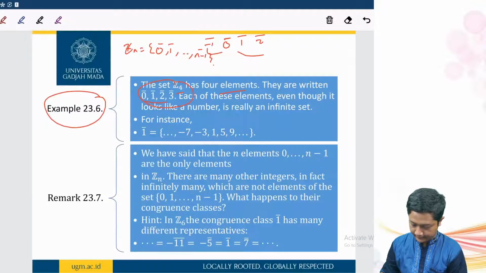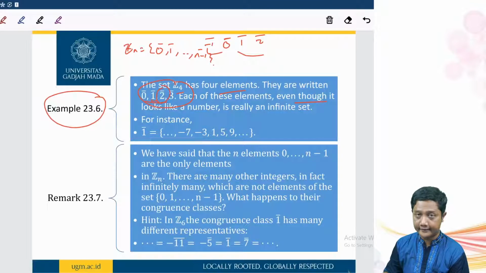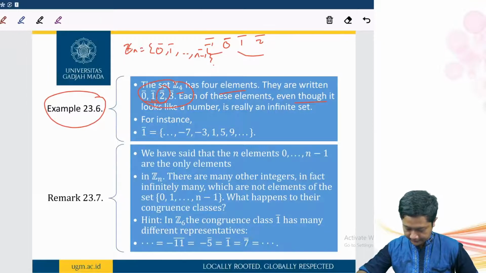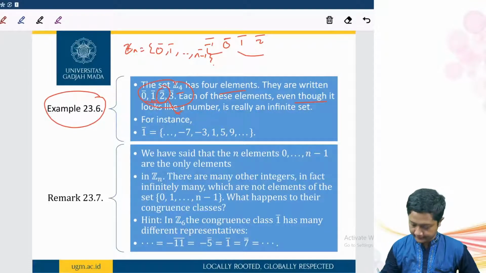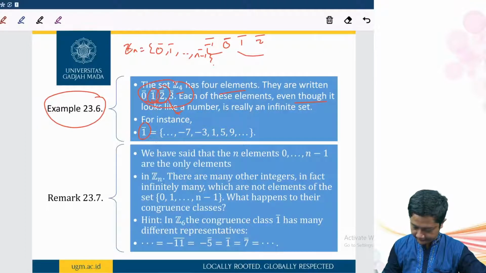It's clear that every element of Z4 looks like only one number, but actually it is a set. Remember, if we have an equivalence class, then we will have a partition. And in this partition, for example, 1 bar is this set.